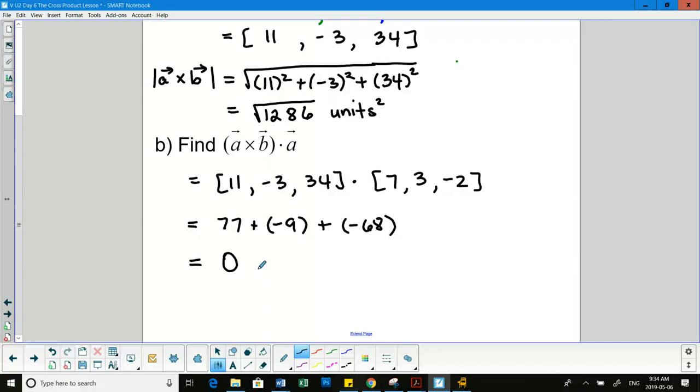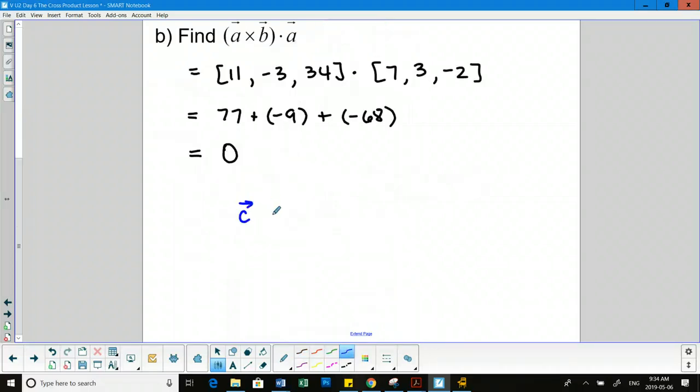Just as a little side note, sometimes you may not see these brackets. Let's just say I had something like this with all 3 vectors. How do I know which order to do this in?